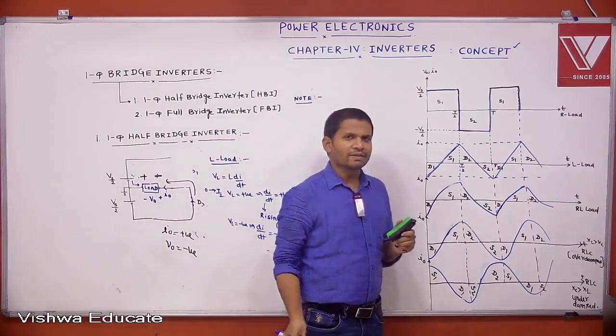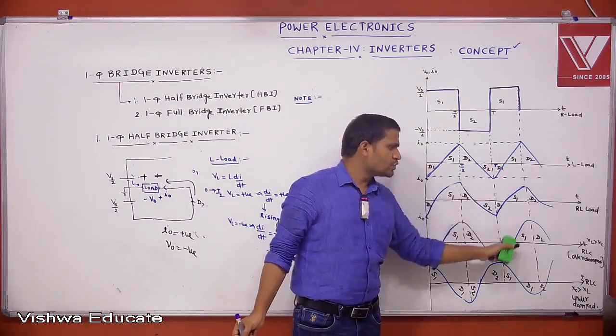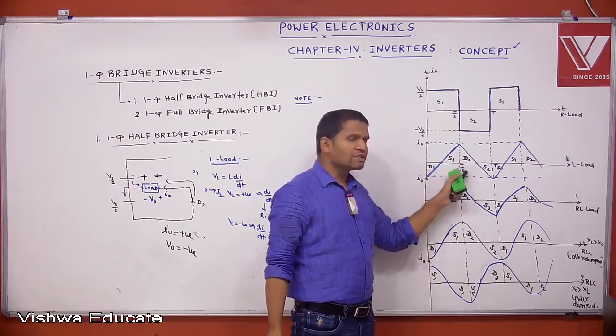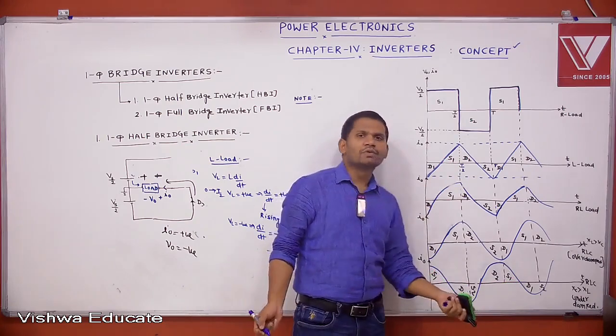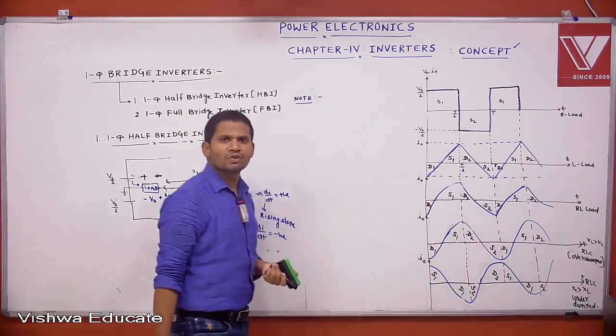Simply remember like this. For all lagging loads, first diode, next switch. For all leading power factor loads, first switch, next diode. That is the sequence you follow.